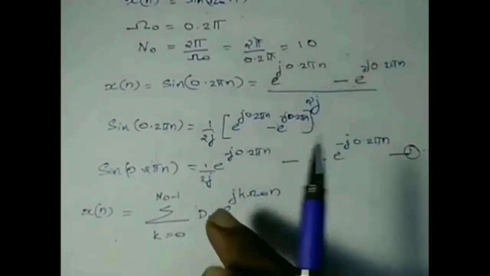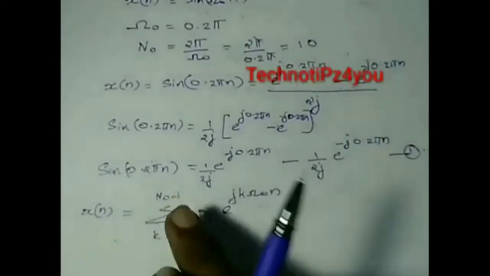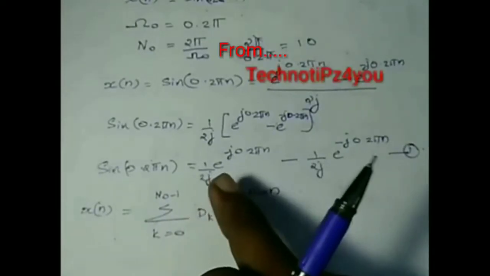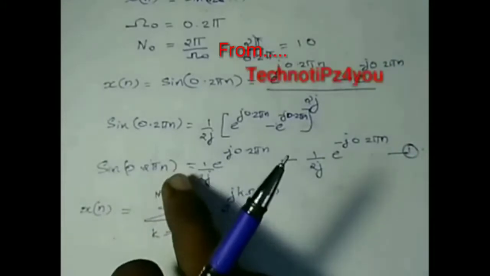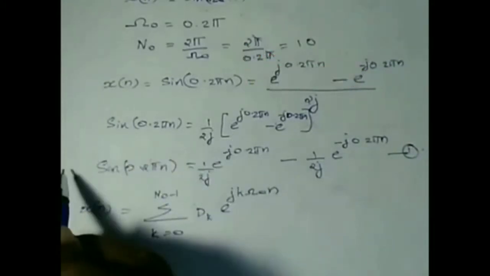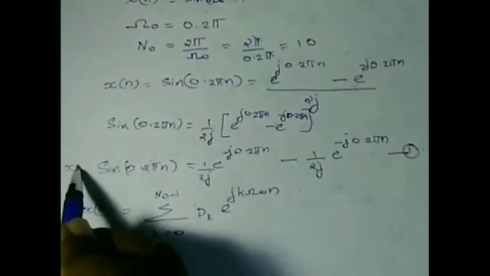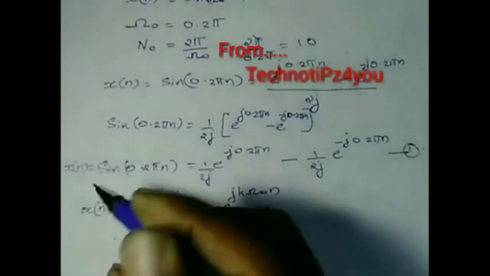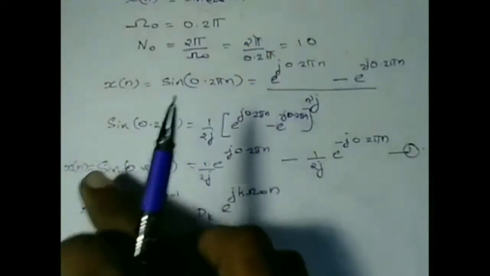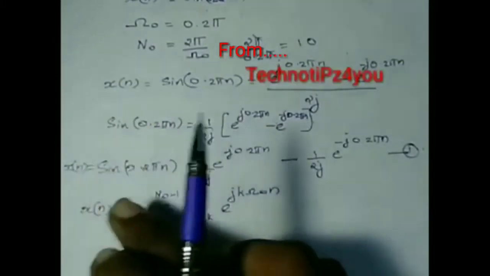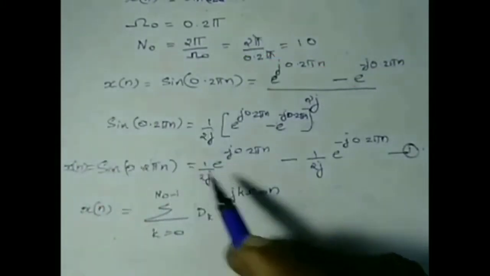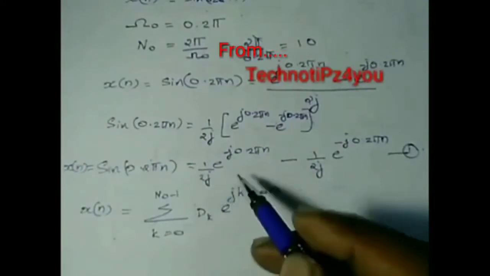Now let us compare the basic equation with this one. Sine 0.2 pi n is the given signal x of n itself, so we can compare these two equations because the LHS of both are the same.